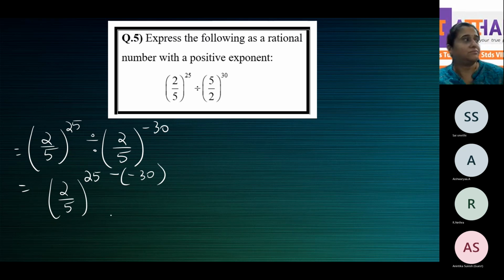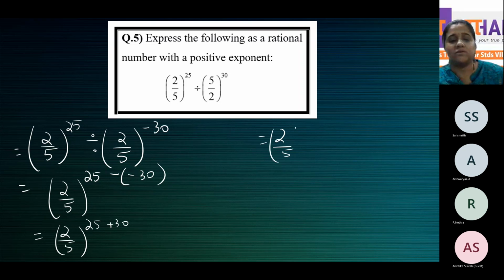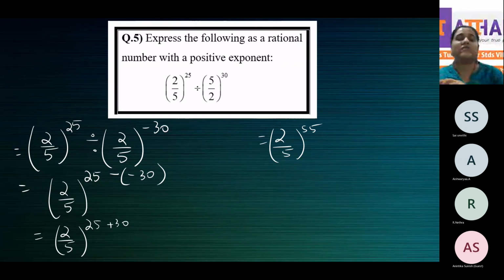So 2 by 5 to the power 25 plus 30, so 2 by 5 to the power 55. So see, the power is positive. That's the answer. We'll do it with 5 by 2 also.